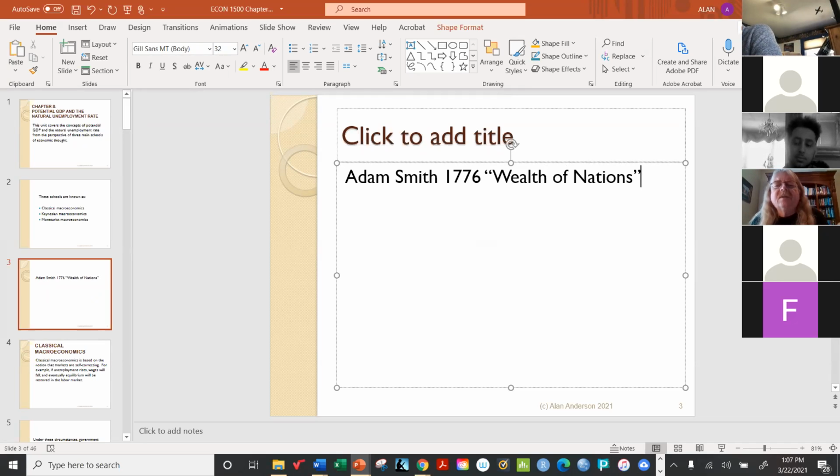In fact, when Adam Smith was writing, there was no such thing. He was officially listed as a professor of moral philosophy at the University of Glasgow, I think. And so economics itself was considered to be simply another type of philosophy when he was writing. And it wasn't really till much later that the name economics was even coined to describe this discipline.